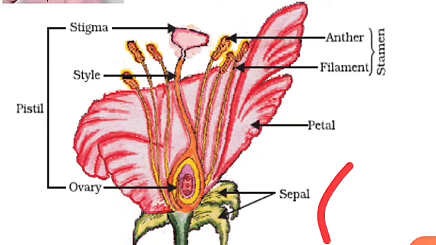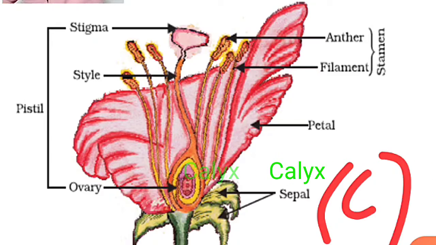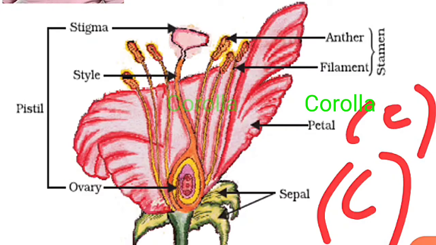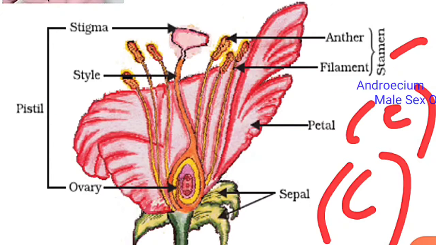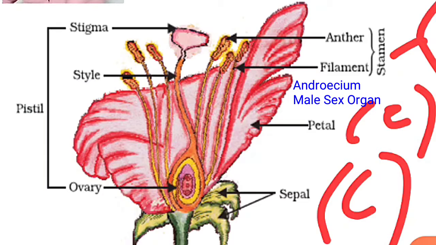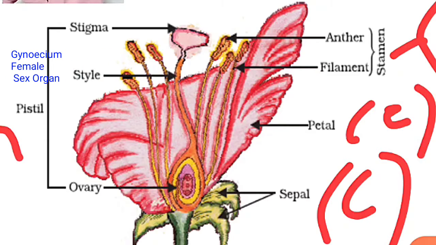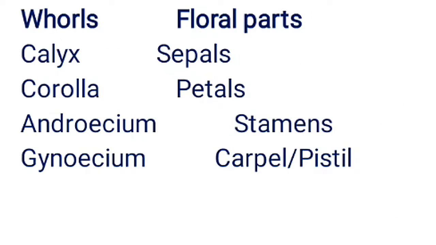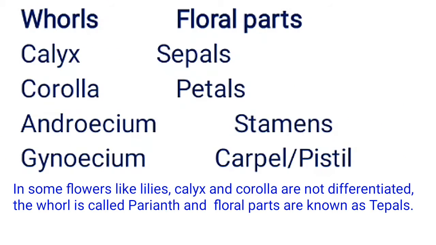Sepals, the whorl is called calyx; petals, the whorl is called corolla; stamen is the floral part of androecium, the male reproductive structure. The whole of pistil is gynoecium. Names of whorls and the floral parts of the flower.